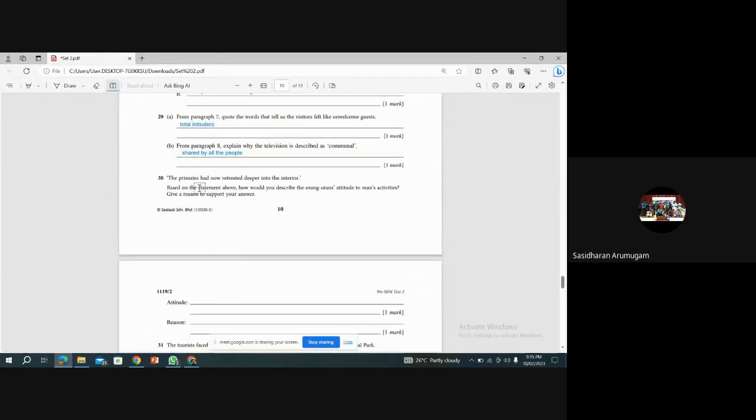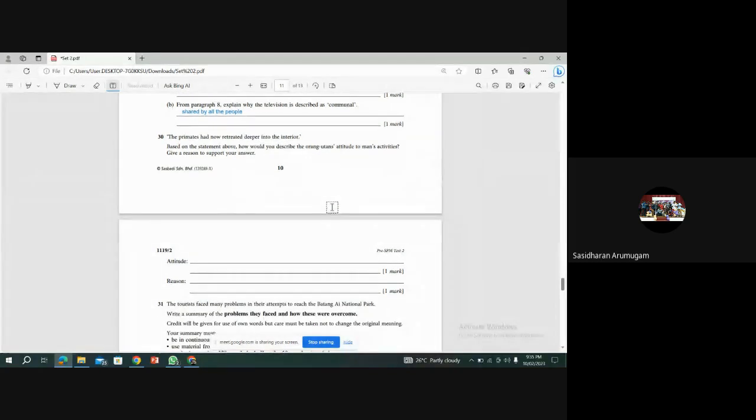Question 30: The primates had now retreated deeper into the interior. Based on the statement above, how will you describe the orangutan's attitude to man's activities?